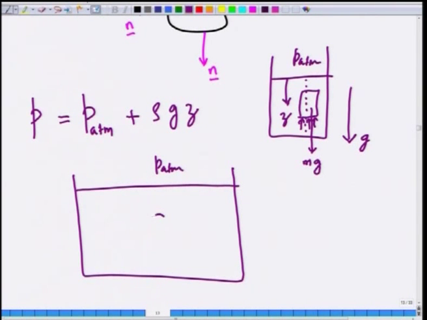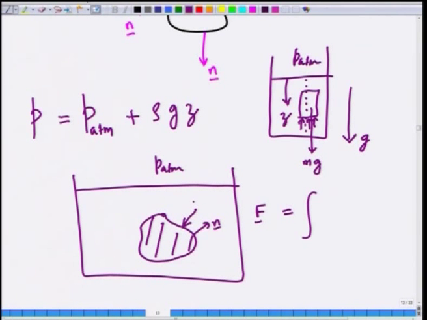Now, suppose you have a free surface at atmospheric pressure, and you have an object, which could be a solid object. If you want to know the forces acting on this solid object under static conditions, all you have to do is integrate. If this is the normal, the pressure acts in the direction of minus n. The pressure is force per unit area, so this is P times minus n, the vector acting in this direction.